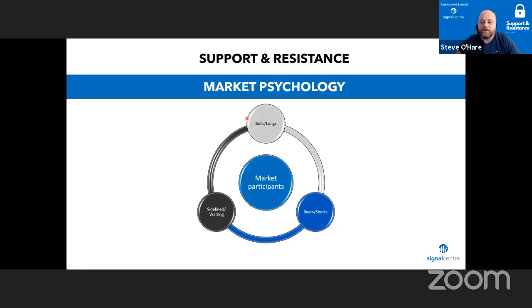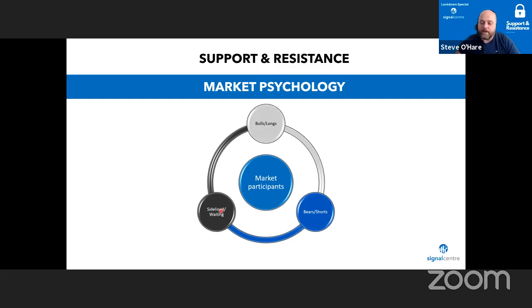At this point, when we tend to see levels of resistance that we've previously looked at, some of these bulls may not be as convinced, and their conviction may not be as good, and they will look to take some profits or alleviate some of their long position. At the same time, you'll have the bearish traders who prefer to be short, looking at this as a temporary move higher. They're looking at that opportunity to get short and get their positions on board.